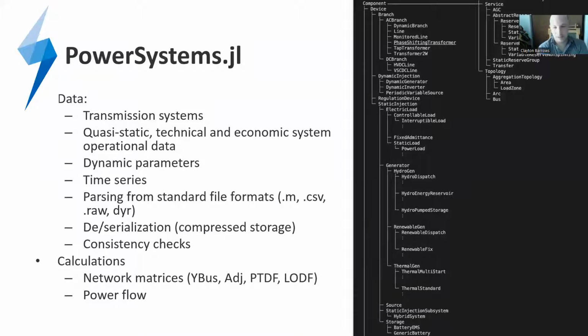So I'll talk a little bit about some of the tools that we've enabled through an initiative at NREL. They're all based in the Julia programming language and ecosystem. Starting with PowerSystems.jl, which is the data handling package and creates a pretty rigorous data model for transmission level power systems and allows you to store the data for quasi-static and load flow cases and optimization based modeling like production cost modeling, as well as the dynamic parameters for many of the elements in the system.